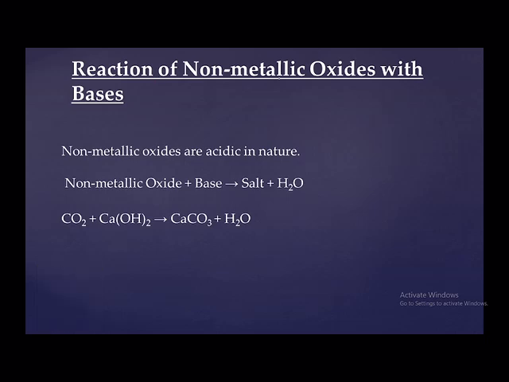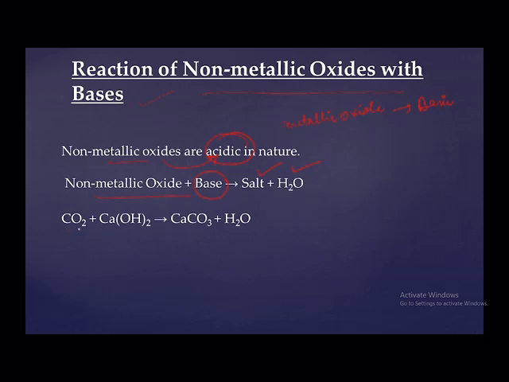Next we have the reaction of non-metallic oxides with bases. Non-metallic oxides are generally acidic in nature, whereas metallic oxides are basic in nature. A non-metallic oxide, if it reacts with a base, tends to form salt and water.